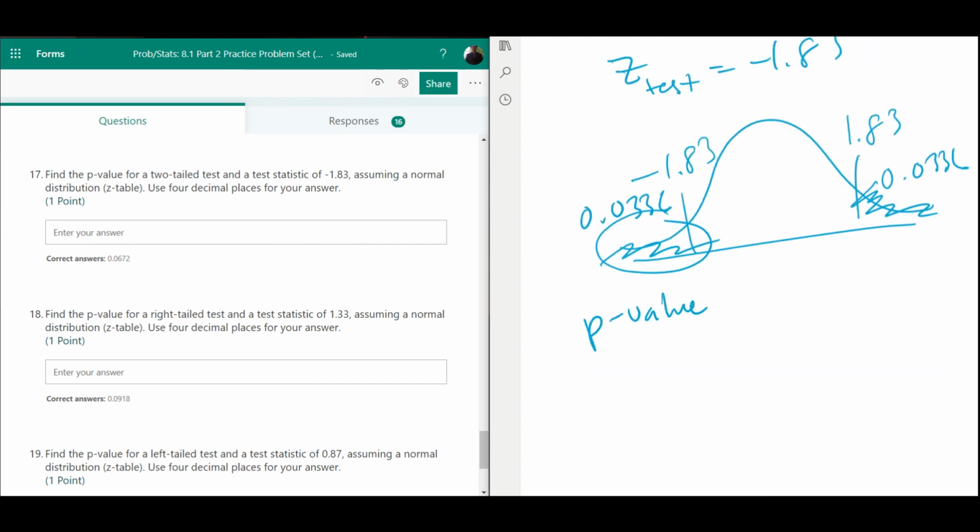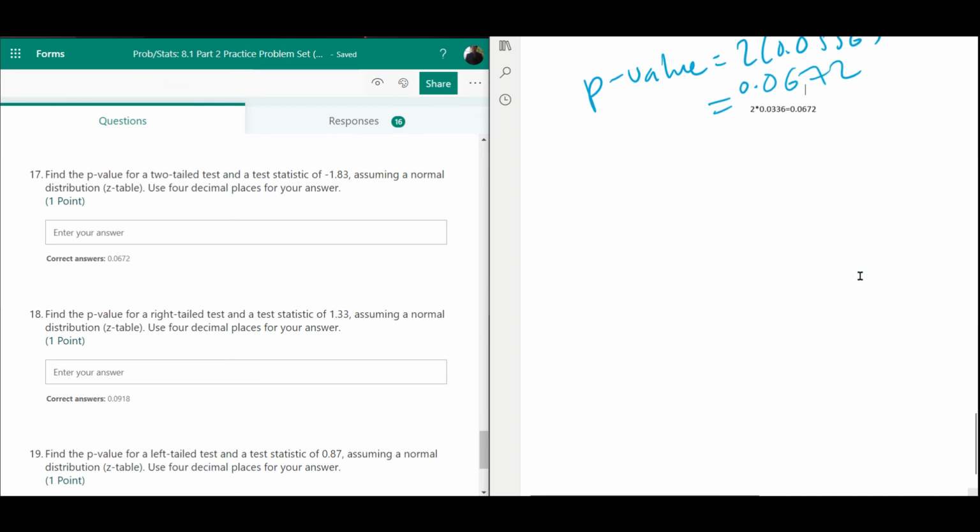So the p-value is 2 times 0.0336. Whatever that is, you just got to double it. Let's actually do that real quick. So 0.0672. All right, so that's my p-value.